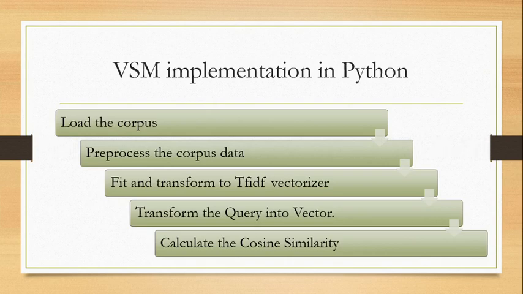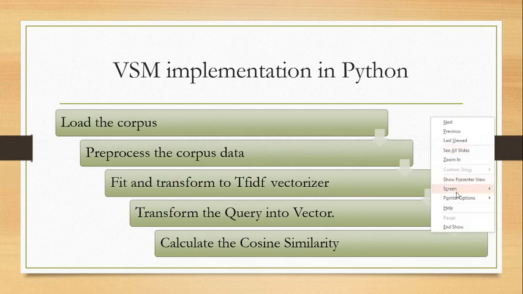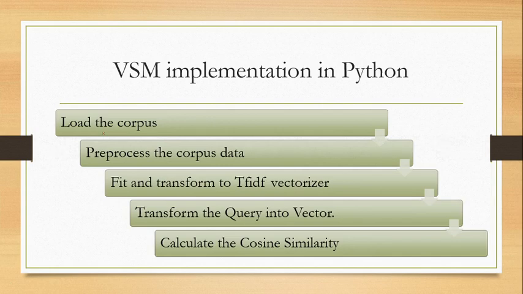Inshallah, we will implement the vector space model on Google Colab. First, let us see the basic steps of how we will implement this in Python. First of all, we will load the corpus, and then we will pre-process the corpus data.